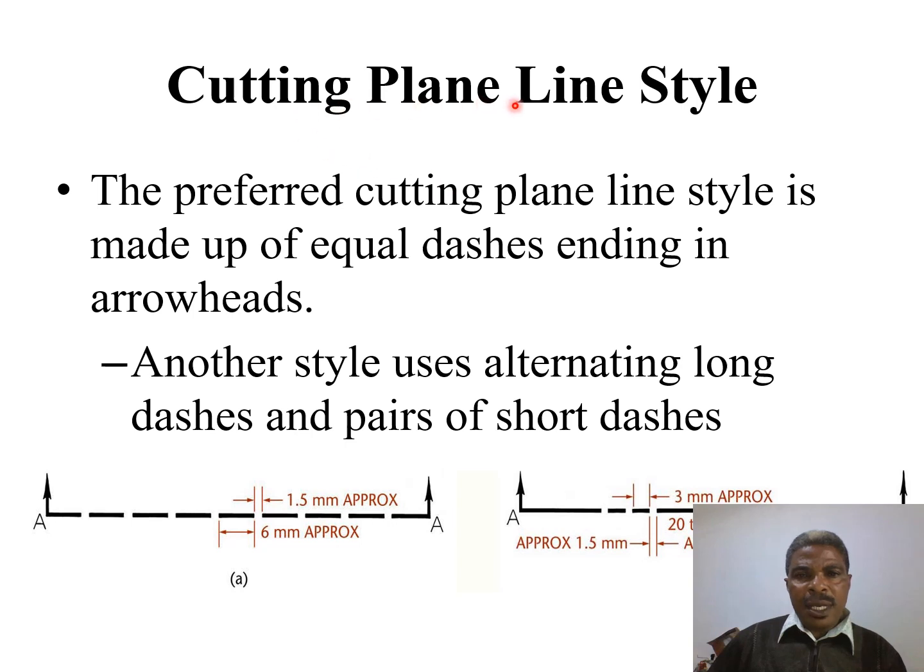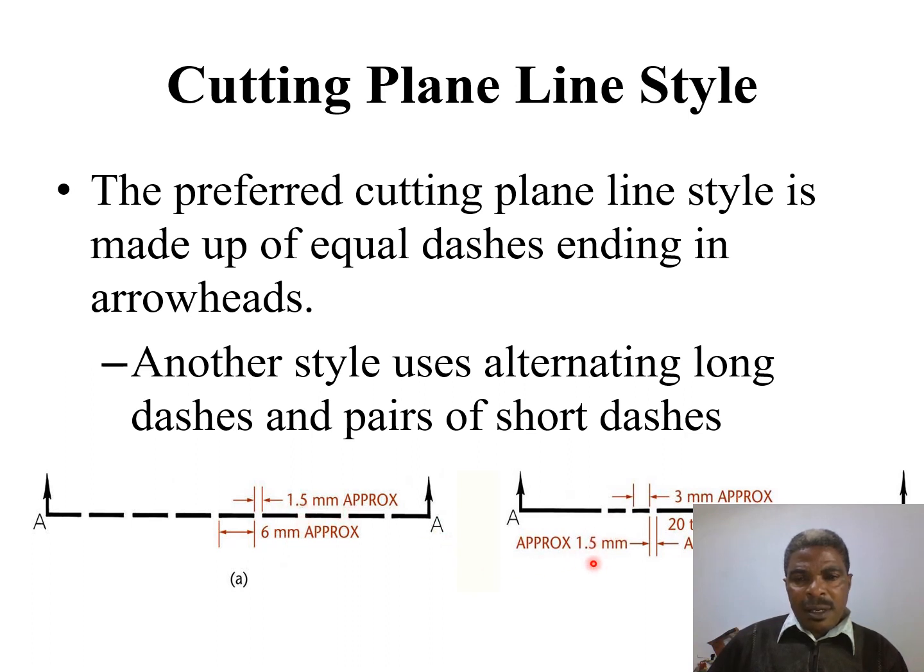This cutting plane line style, the one for longer distances, has dashes which are longer than the one for short distances. The longer one has a single dash of approximately 6 millimeters, and the space in between is 1.5 millimeters.